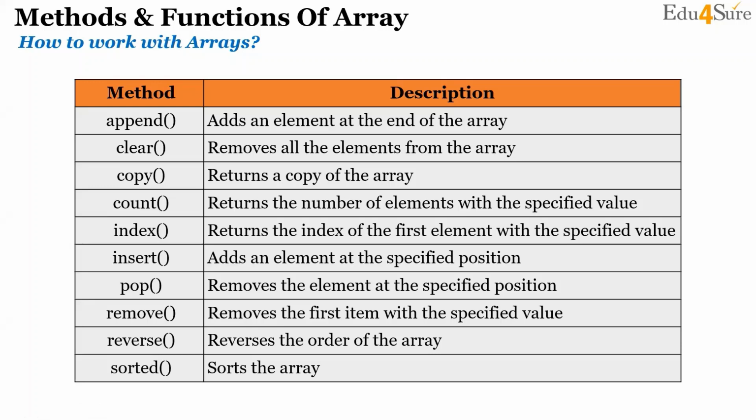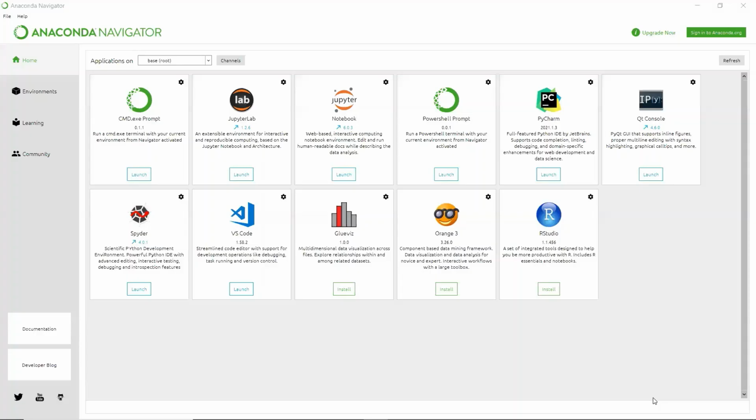Now, it's time for us to see some practical aspects of how to work with arrays. So here on our screens, we can see the Anaconda Navigator, and from here we launch the PyCharm IDE as we have done before in all our practicals.